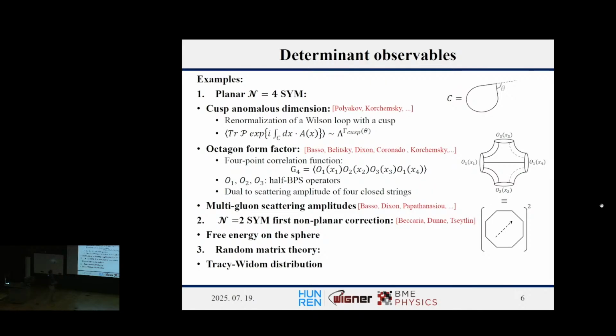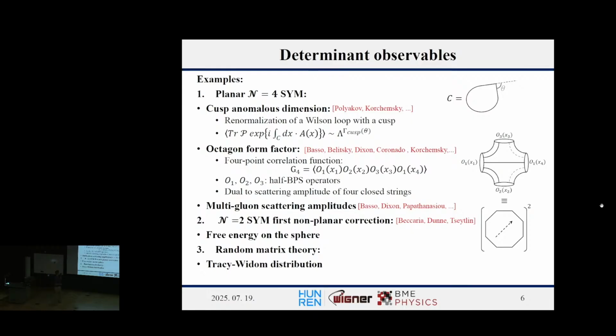So what are these determinant observables? I will explain what this determinant means, but first I will just list some of the examples we considered. For example, as I mentioned, in most of the cases we are investigating N equals 4 super Yang-Mills theory. There you can construct some physical quantities, for example, the cusp anomalous dimension, which comes from the expectation value of a Wilson loop with a cusp, or the octagon form factor, which is some four-point correlation function of special operators.